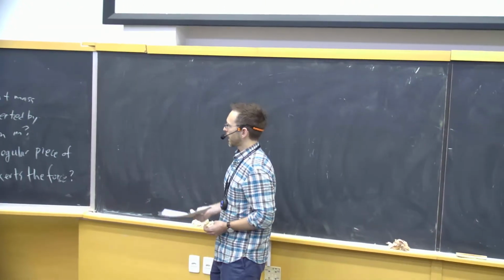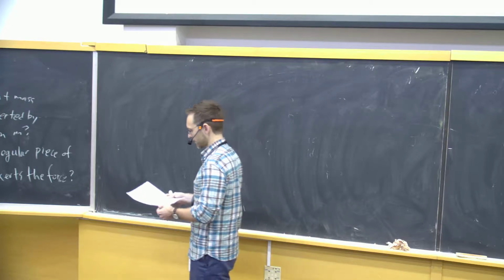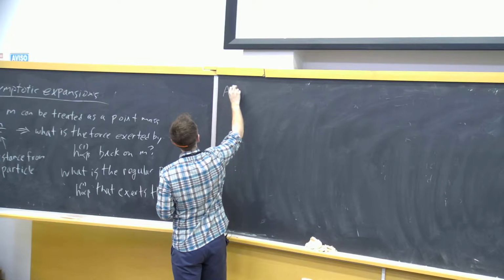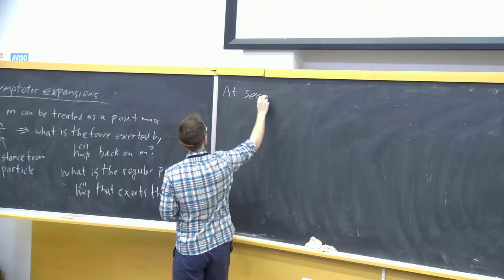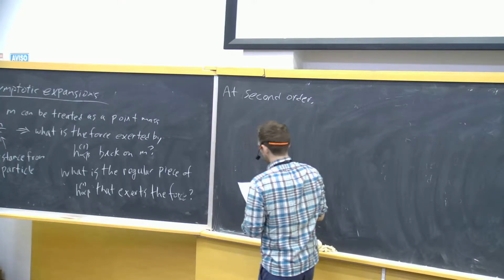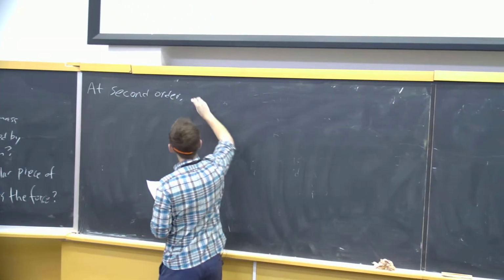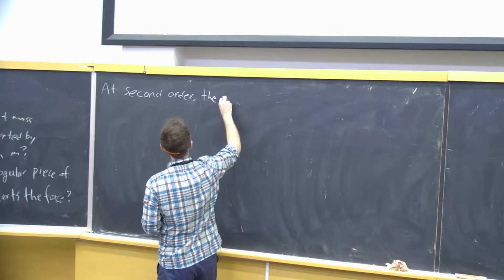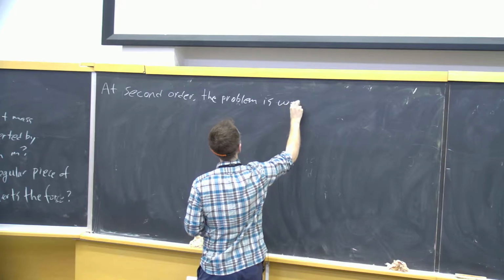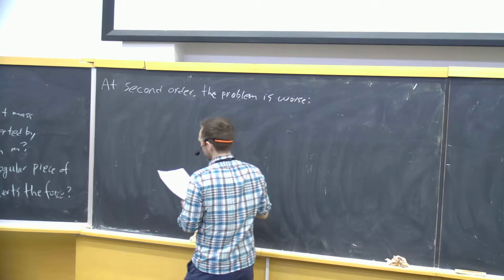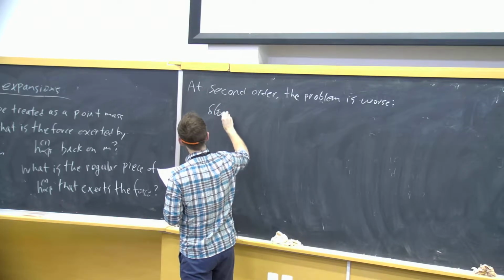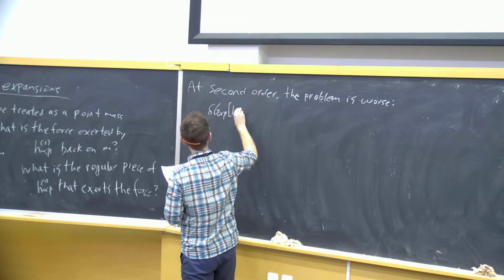So that's not too bad a problem to have. There are lots of regularization schemes around. But at second order and higher order, the problem gets much worse. So remember that I wrote down equations of this form.